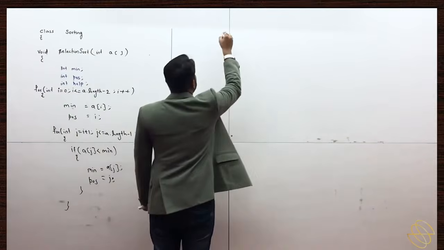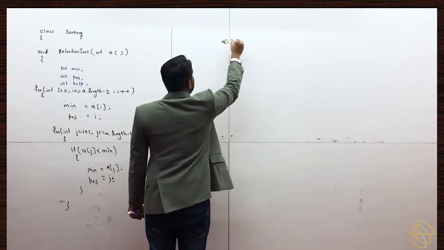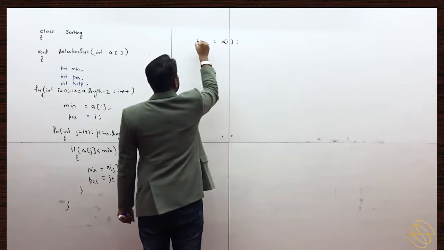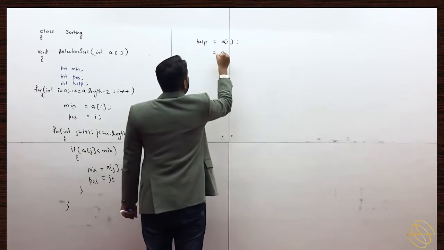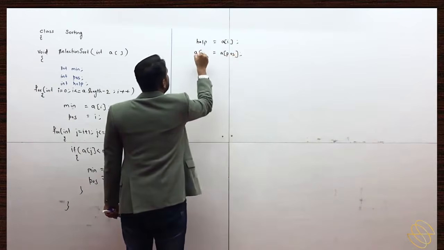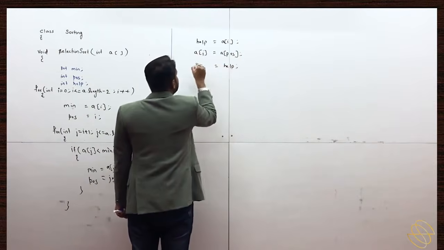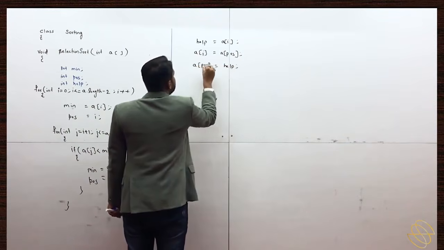So what I will do, whatever is there in the first memory location, I would give it to the helping memory location. Whatever is there in the second memory location, I will give it to the first memory location. Whatever is there in the helping memory location, I would give it to the second memory location.